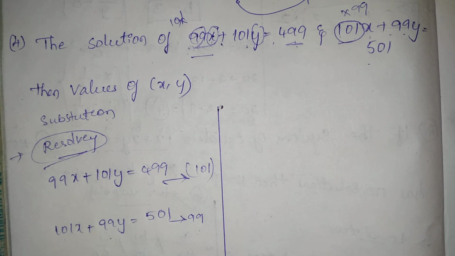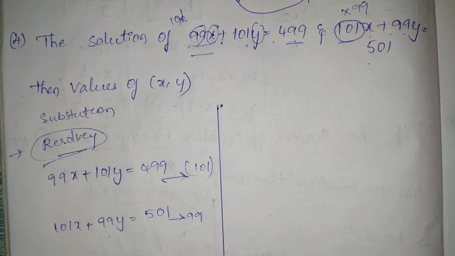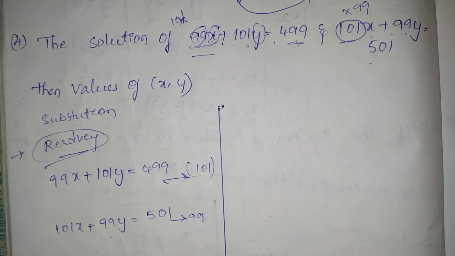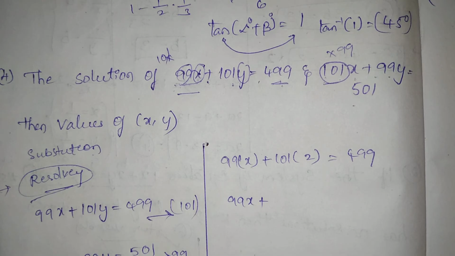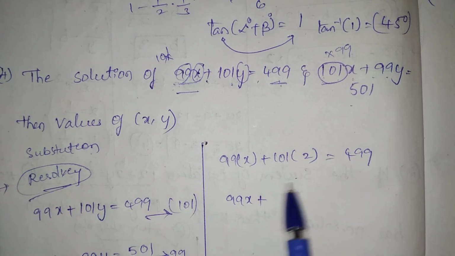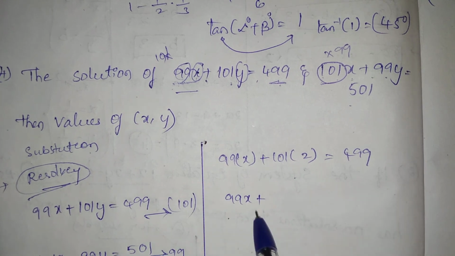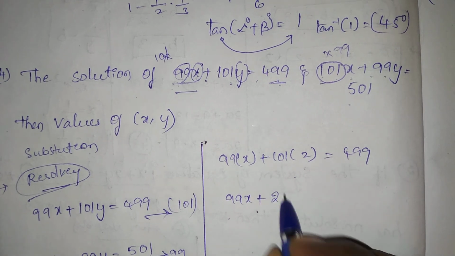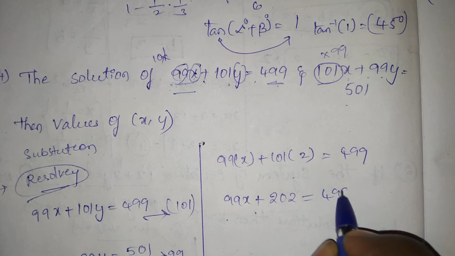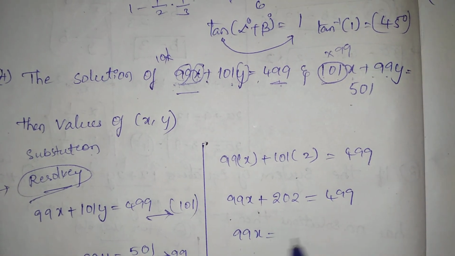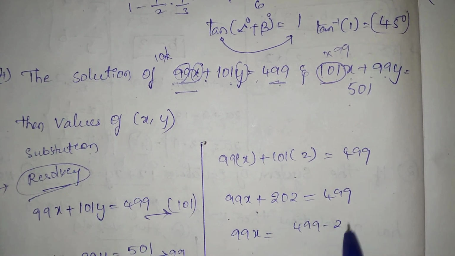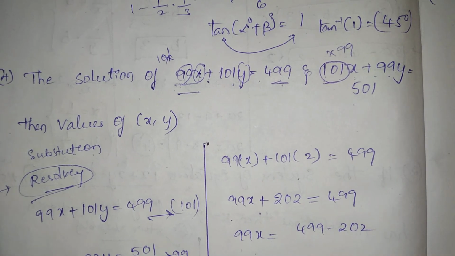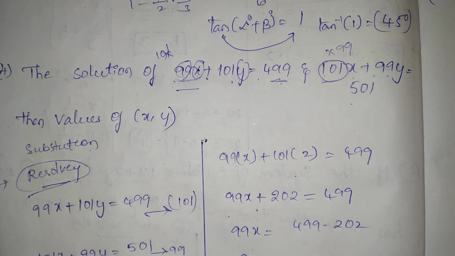I am substituting the y value in any one equation to get the x value. Substituting y is equal to 2 in equation 1: 99x plus 101 into 2, that gives 202, is equal to 499. 99x is equal to 499 minus 202, that is 297.